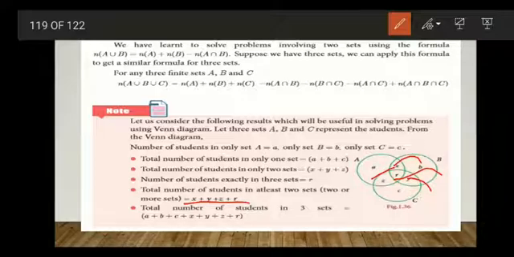So what will be the total number of students in three sets?